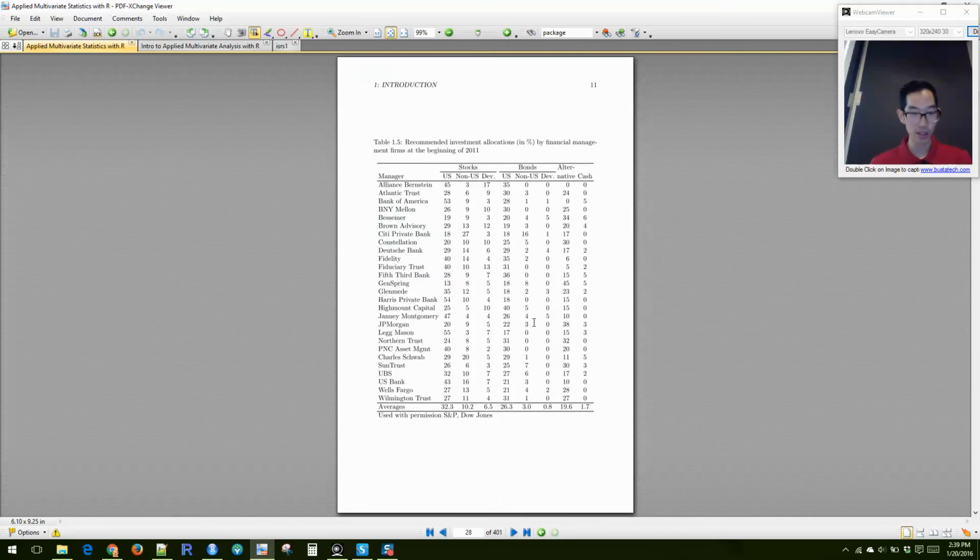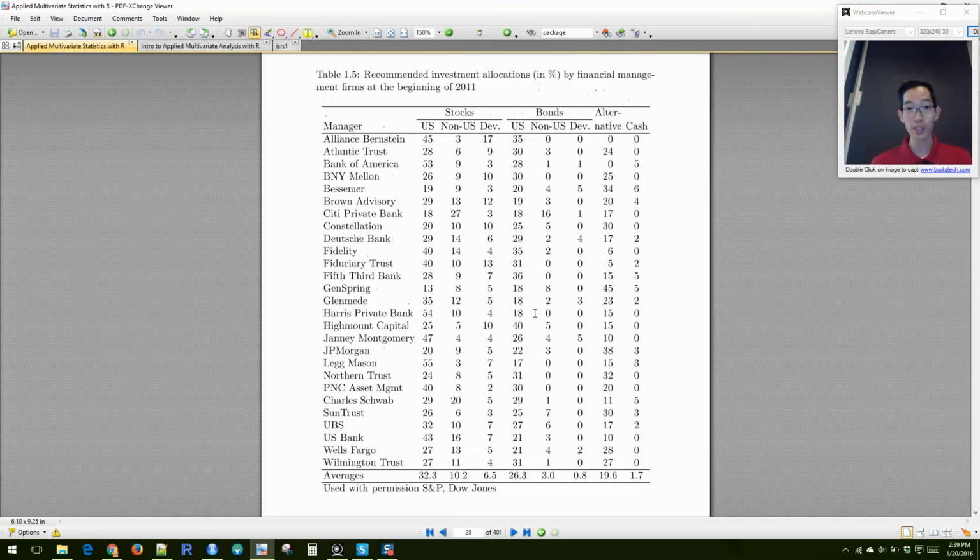It says, recommended investment allocations by financial management firms at the beginning of 2011. I don't know if this data is completely outdated. These are big banks, and maybe people don't like big banks anymore. Well, I don't know if they ever liked them, but especially now they seem to be under a lot of hate.